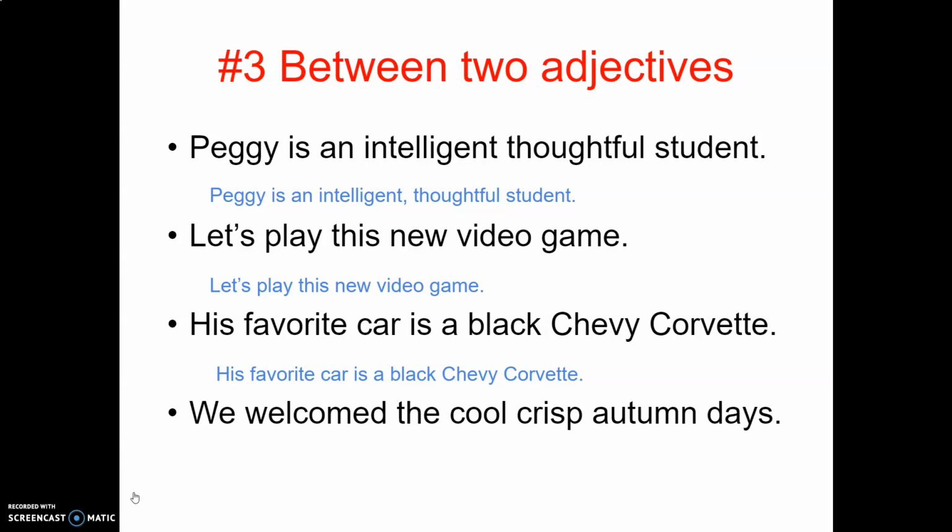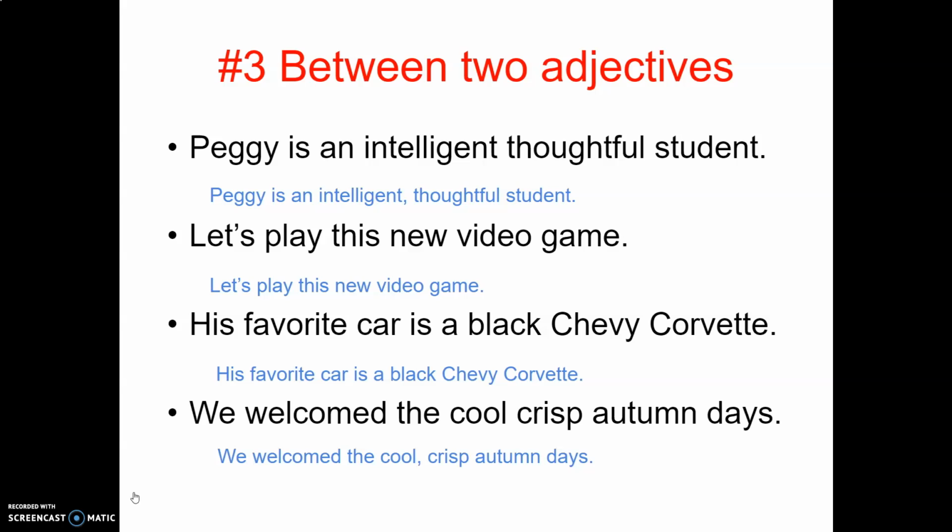So these are two examples of where you have an adjective modifying a noun, but it's kind of functioning as one idea. And so we're not going to separate the other adjectives from Chevy. We're not going to separate them between new and video. Okay, and then same idea for the last one. Cool and crisp, we want to separate because we could say we welcome the cool and crisp autumn days.